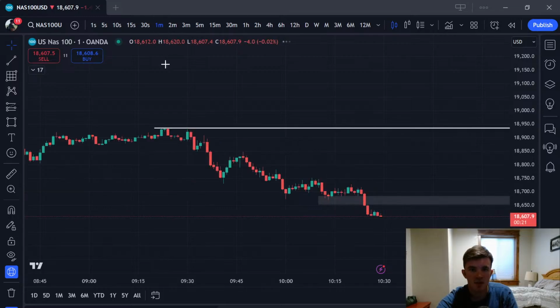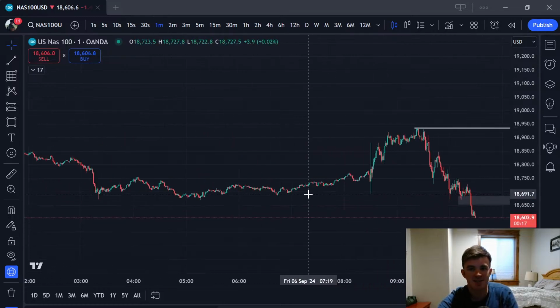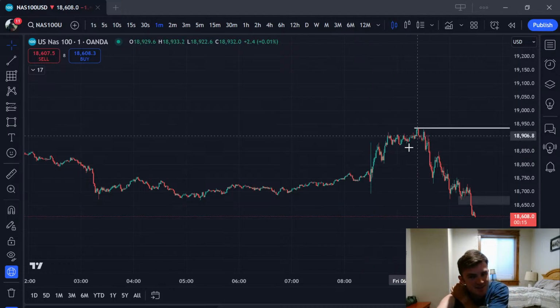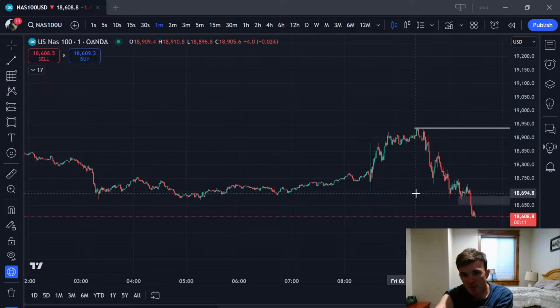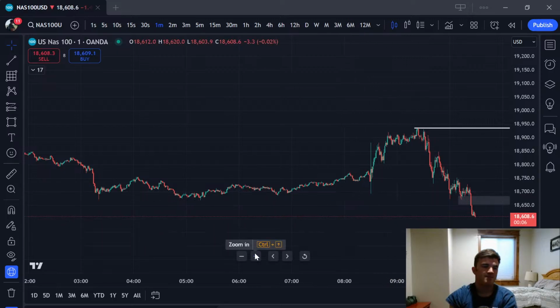Man, if we took this trade, that would have been amazing. Could you imagine? Oh my gosh. TP4 would have hit too. I gotta get up earlier.